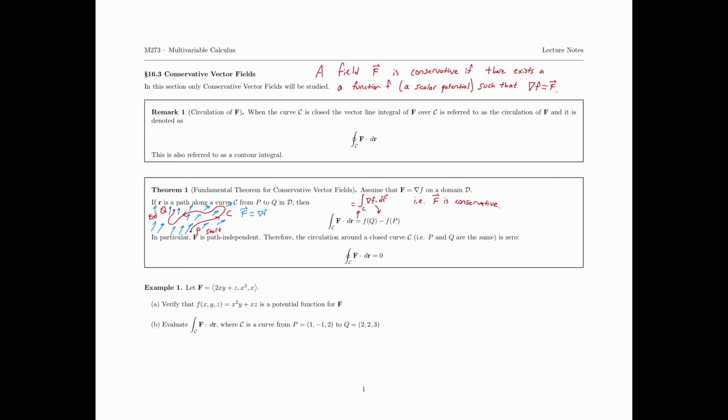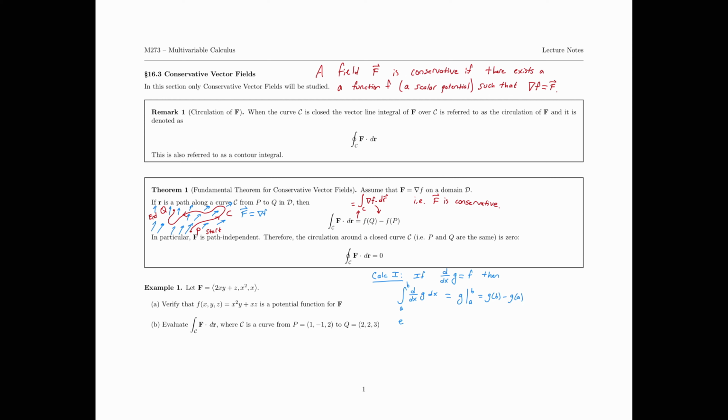In Calc 1, you learned the fundamental theorem of calculus, which is if the derivative of some function g is some function f, then the integral of the derivative of g with respect to x from some beginning point a to some ending point b is just g evaluated between the endpoints, which means g of b minus g of a.